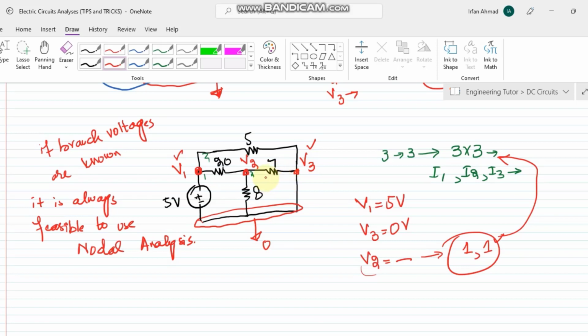Similarly, another scenario here is that it always depends upon the selection of your reference node. In any circuit you have to see whether the selected reference node is making the problem easier for you or making it harder. In many other circuits, it will be your duty to select the reference node.